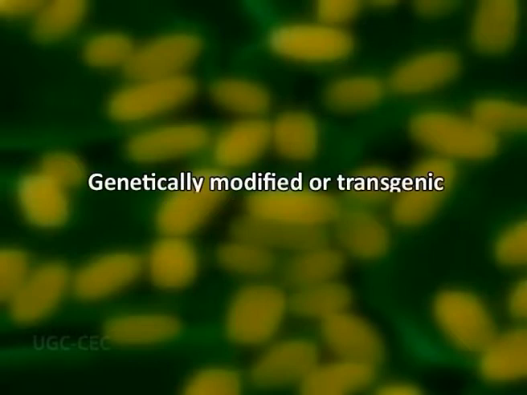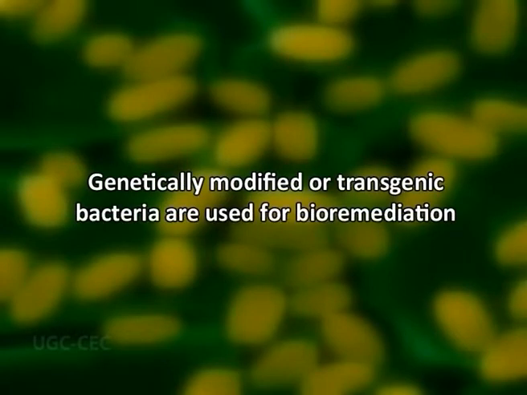The genetically modified bacteria or transgenic bacteria are also used for bioremediation. The activity of these bacteria helps in cleaning the environment by taking up or metabolizing xenobiotics such as pesticides, heavy metals, and oil spills on water surface with enhanced efficiency.